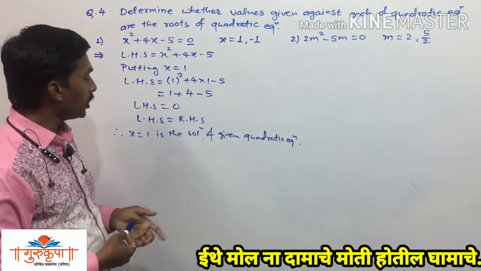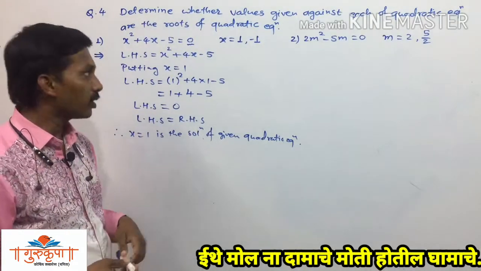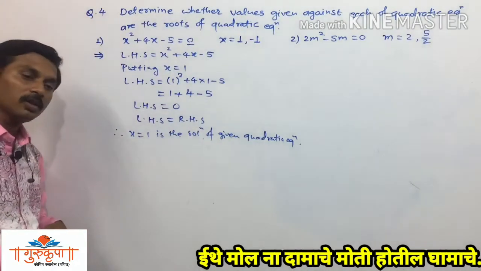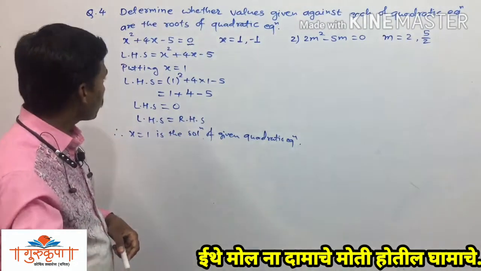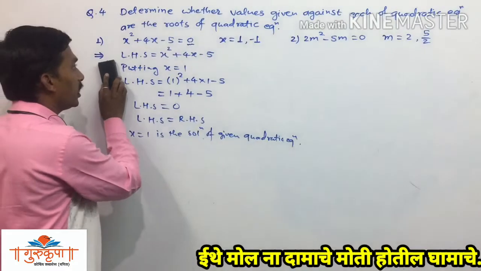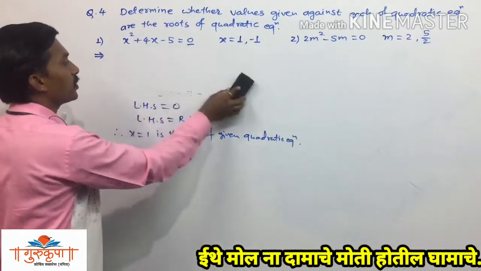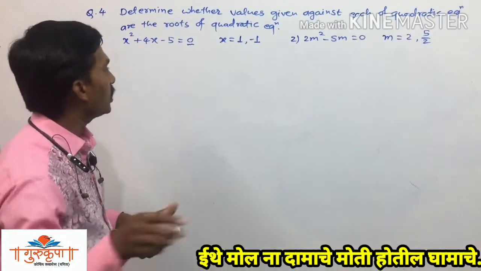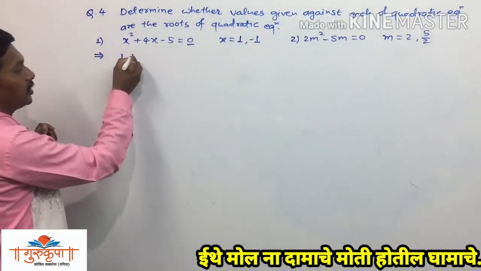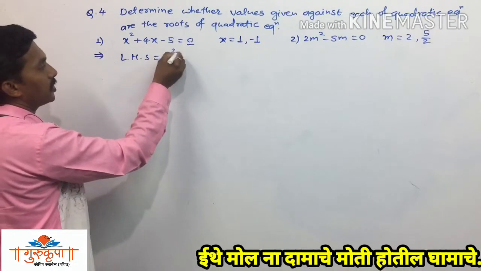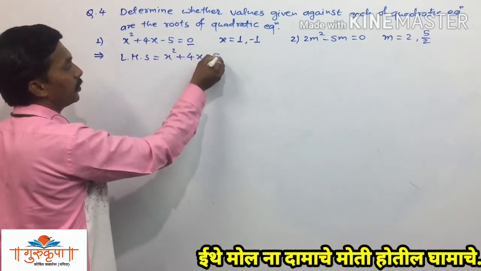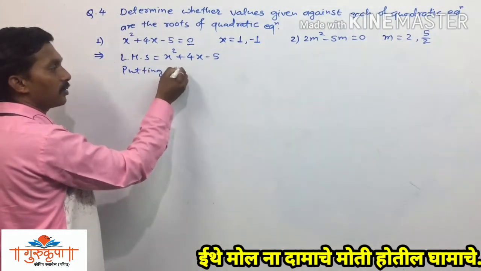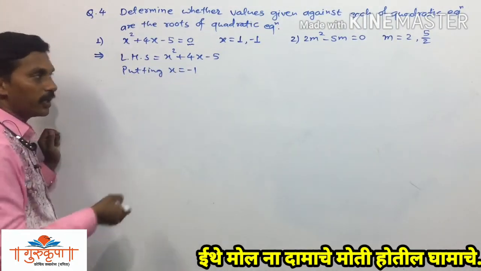So we will write LHS, that is x square plus 4x minus 5, putting x is equal to minus 1. Where there is x, there we put minus 1.